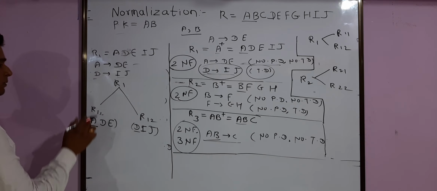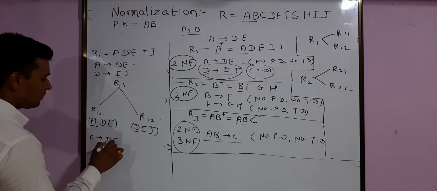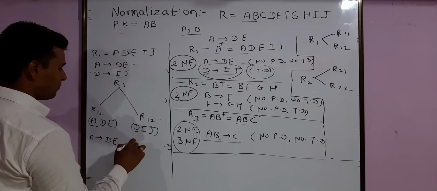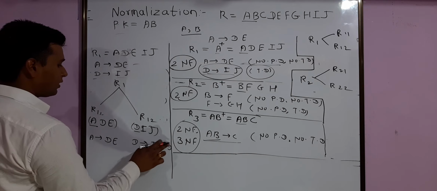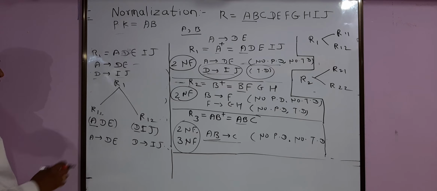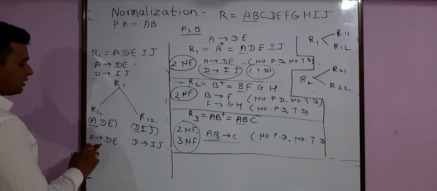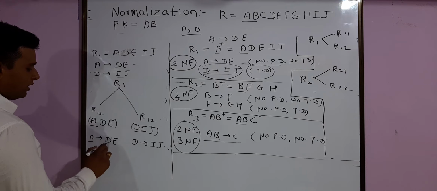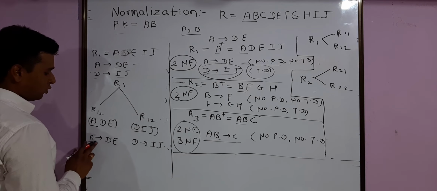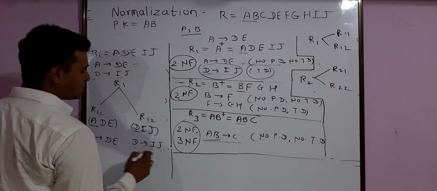Now what are the functional dependencies for R1? A determines DE, and here D determines IJ. Now can you say there is any transitive dependency here? No, because A is a key and D is a non-key, so there is no partial dependency as well as no transitive dependency. D determines IJ.